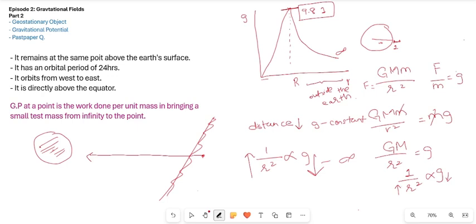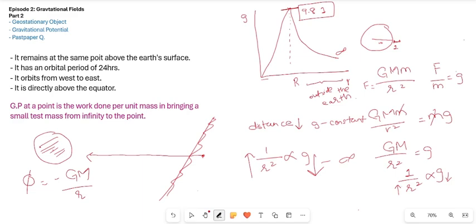And the formula for that is phi equals minus GM over r. I will tell you why it's minus. There are whole explanations for it, and these are even usually asked in the paper as well. So minus GM over r.